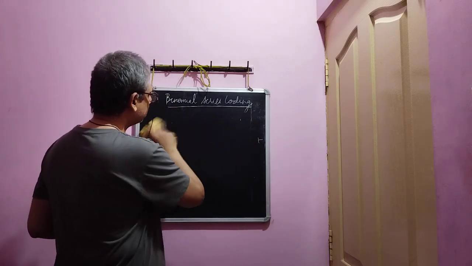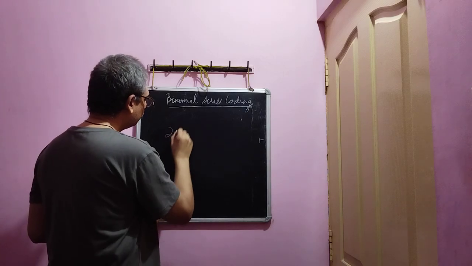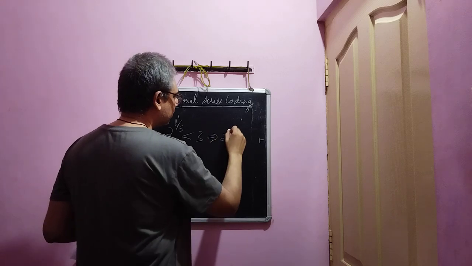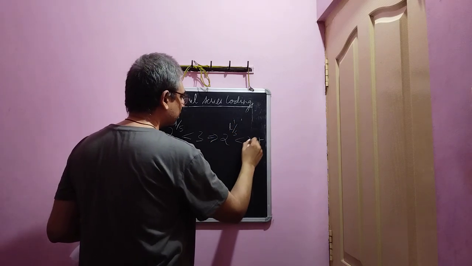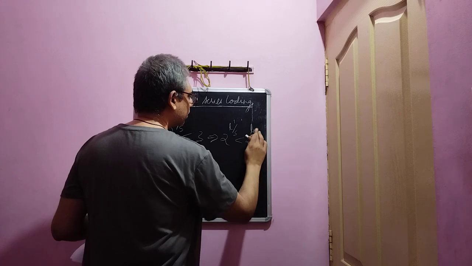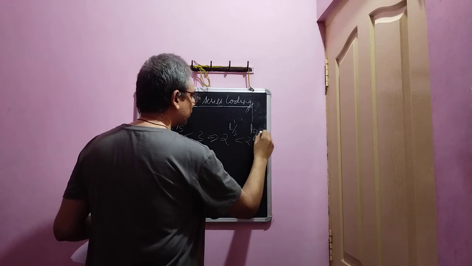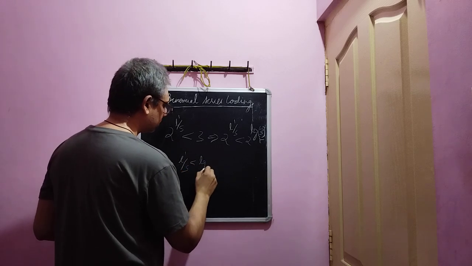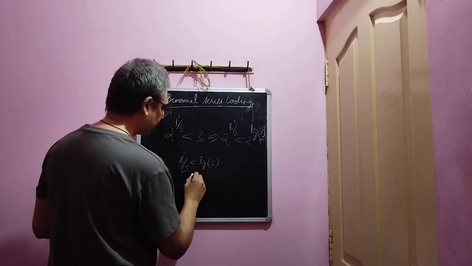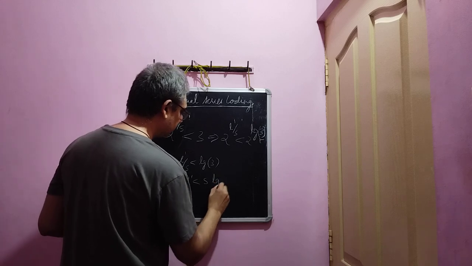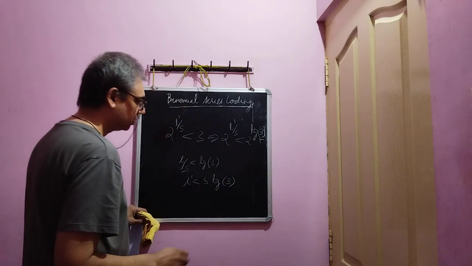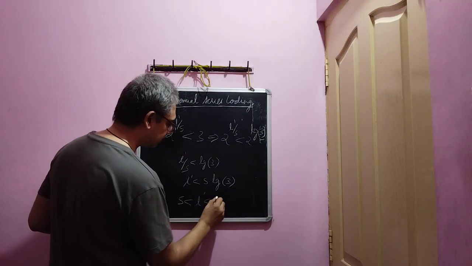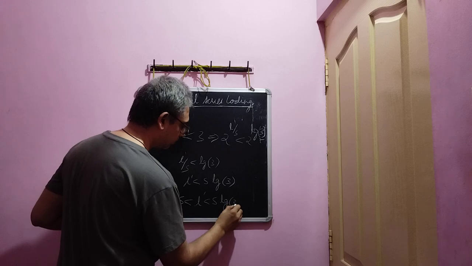We also require 2 power L dash by s less than 3, which implies 2 power L dash by s less than 2 power log 3, which is log 3 to the base 2, or L dash by s less than log 3, or L dash less than s log 3. So s less than L dash less than s log 3 must be true.